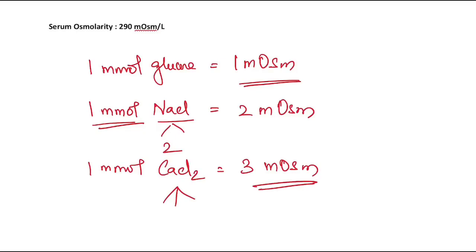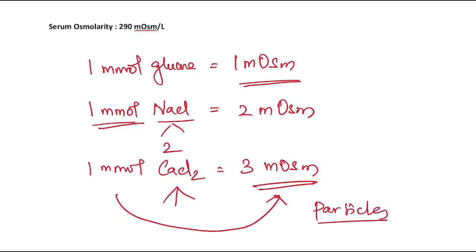So this is the conversion between millimoles and milliosmoles. Here we are interested in the number of particles, because to understand the osmotic strength of a given solution, we are interested in the number of particles rather than the molecule as a whole. Mole into number of particles gives the osmolar strength.